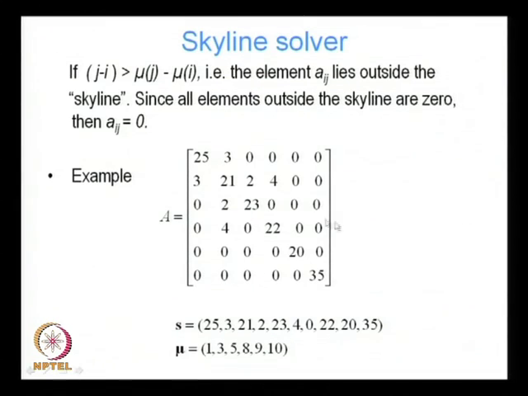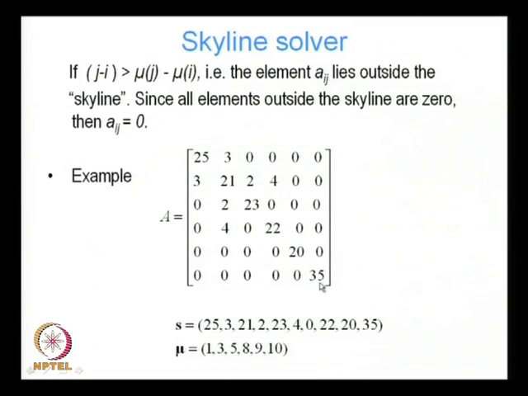In the fourth column again we are not going to store this 0; we are going to store 4, but we also have to store 0, because the 0 occurs after the first non-zero entry in the column. So we are going to store 4, 0 and 22. But in the fifth column we are not going to store all these zeros, so we save a lot of storage, and we just store the diagonal element which is 20.